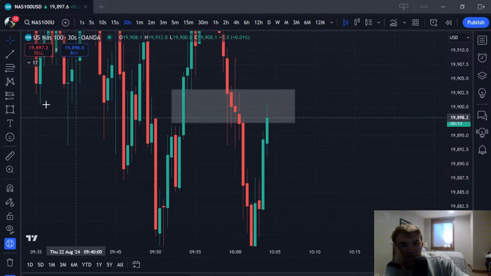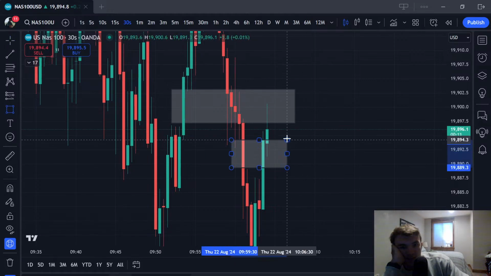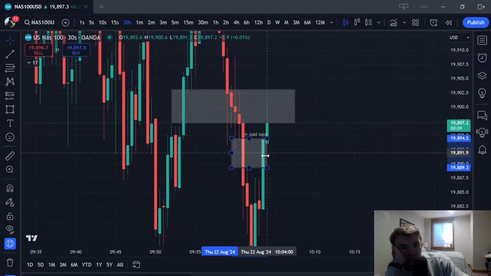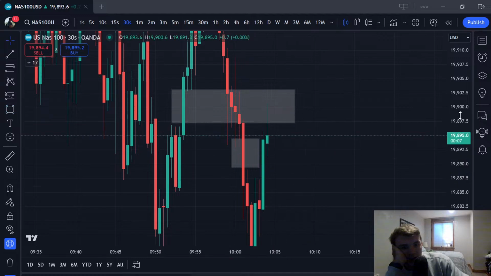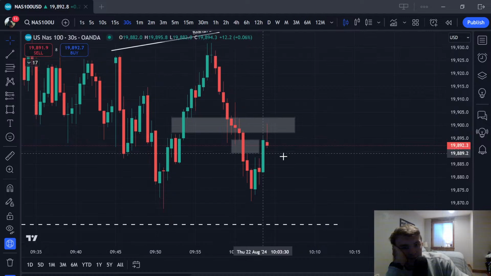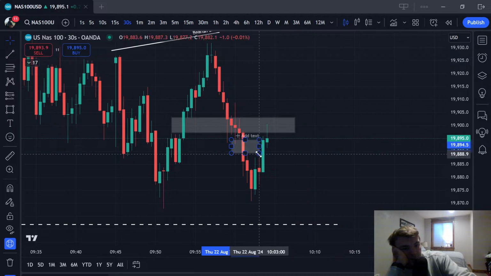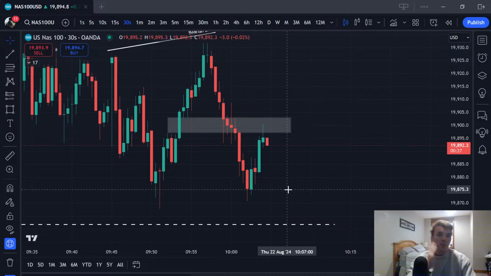Just because we haven't taken the data low yet, I'm not high enough conviction we're going to go anywhere. Yeah, I'm not taking that. Just the draw on liquidity is lower right now. That's the thing.